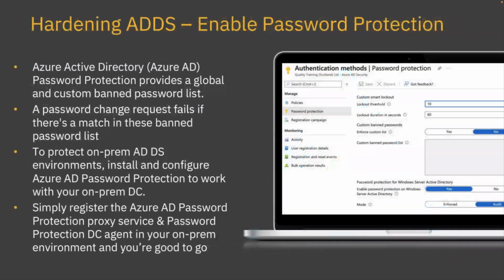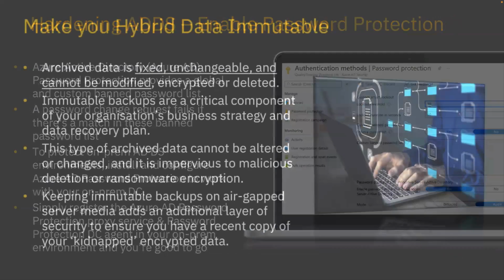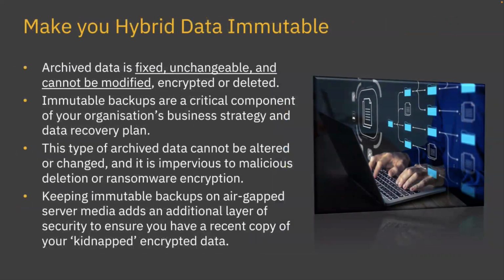So it's absolutely superb. You can also protect passwords. So there is a password protection tool if you must use passwords. You can go into password protection, and you can write that back to on-premises as well.